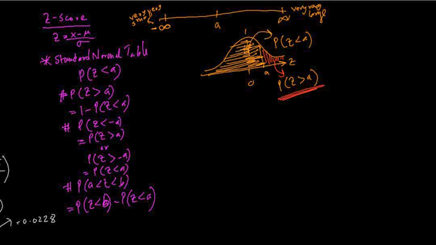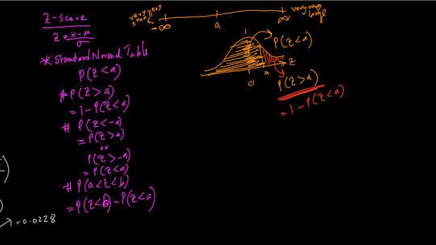Since this is one and the same, if we say the whole thing is 100% or 1, and if this area is something, then this area is automatically going to be equal to 1 minus the probability of z is less than a, by that logic. So if this is what you have in the table, and if you want to know this area, you take the whole area 1, you remove this, and you get this area. That's the logic behind it, just geometry. This is the shaded region concept. That is how it is working.